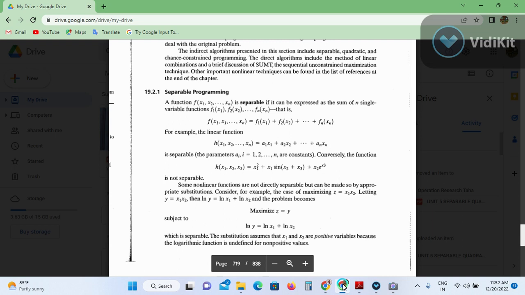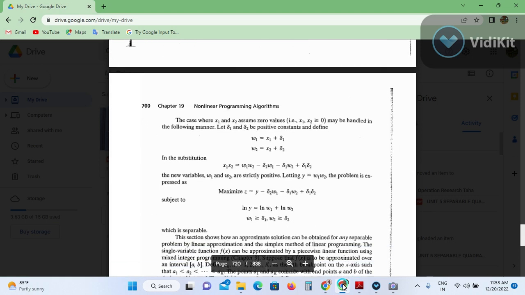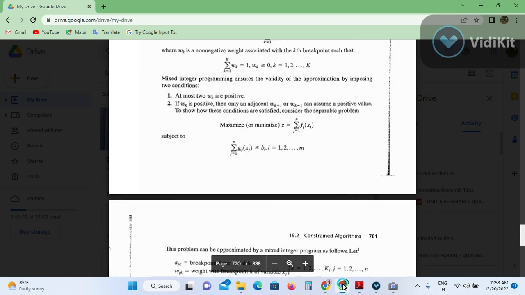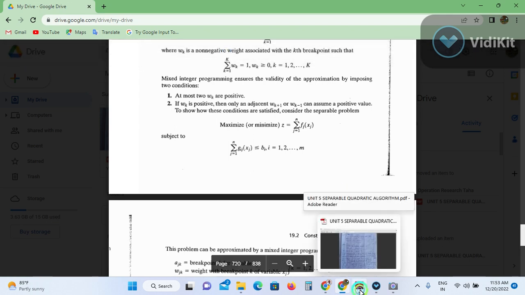We discussed some examples in the classes also, which functions are separable and which are non-separable functions. Maybe you all remember the concepts. Now, based on these concepts, let's move to the example to solve the separable programming algorithm using the approximation concepts.